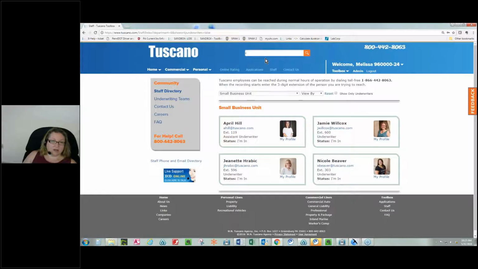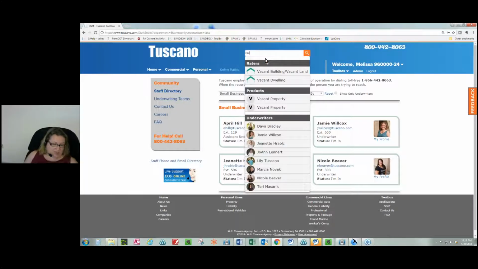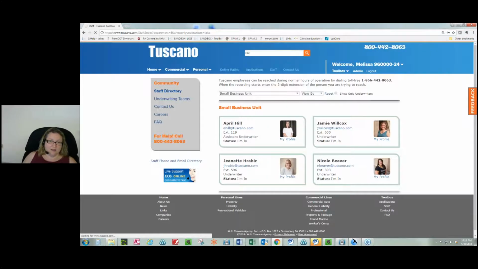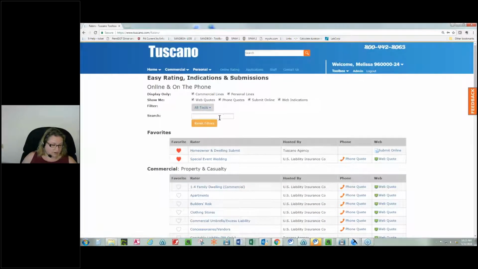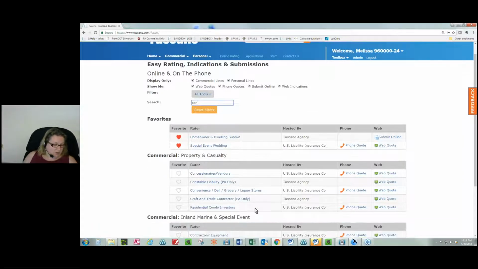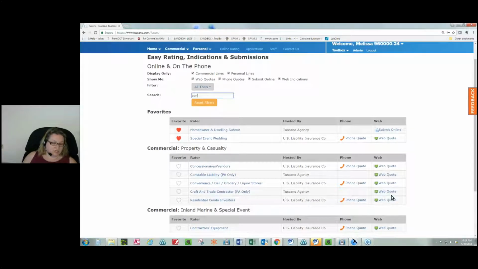Both the contractor and the vacant have a rater online that you can use on our website. If you have a username and login, you can get to that. The contractor rater is for PA only, but the vacant rater is multi-state. We also will write your special events, your 5Ks, weddings, gun bashes, graduation parties, bridal showers, and weddings.